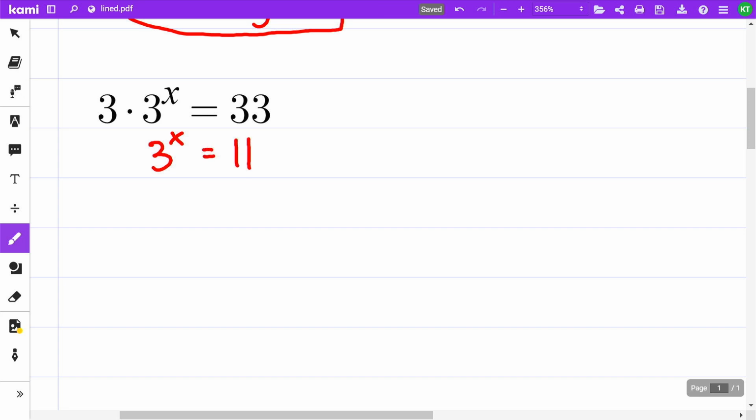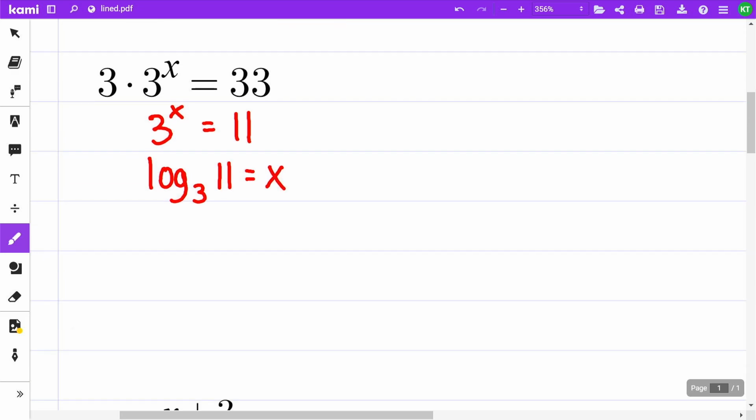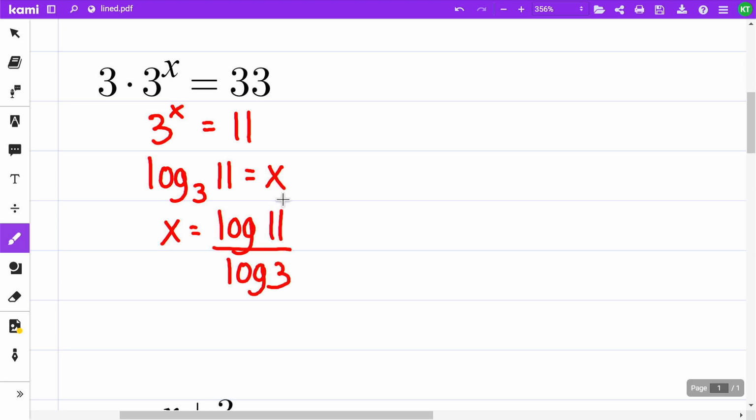Now this question looks just like our last question, so let's use our log rules to convert this to a log. I will have log base 3 of 11 is equal to x. And then rewriting this as a common log, I will have x is equal to log of 11 divided by log of 3.